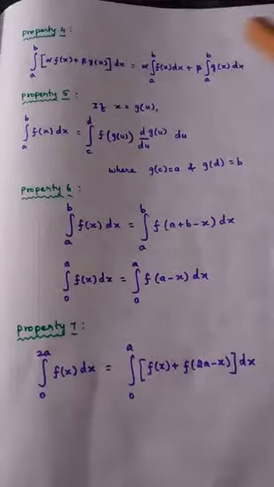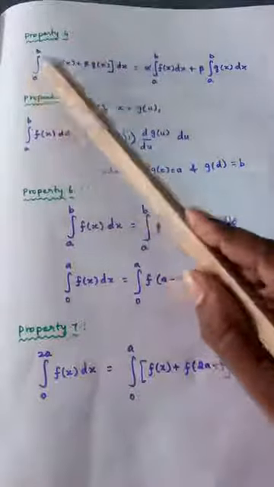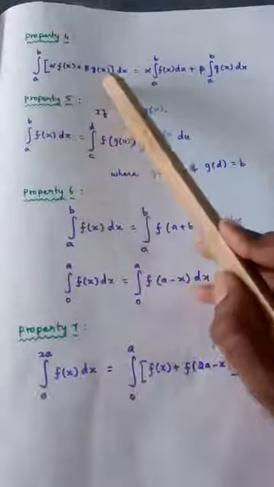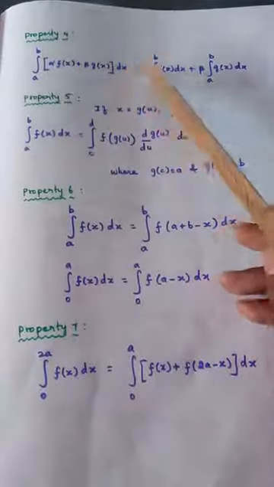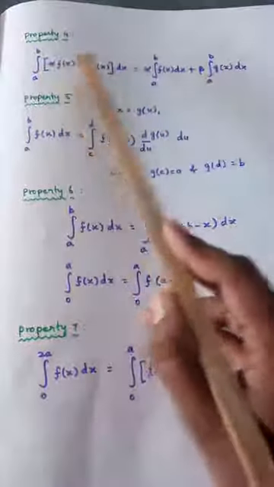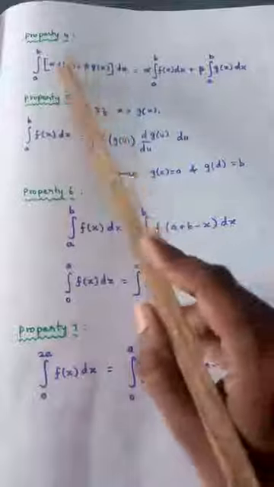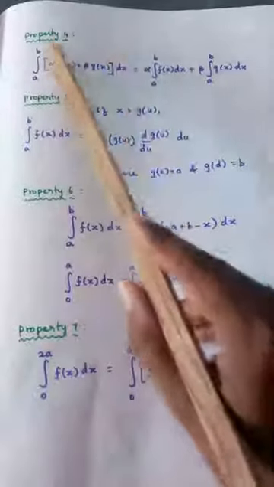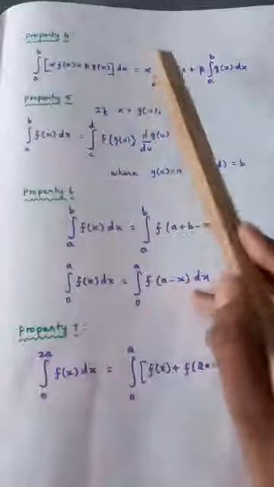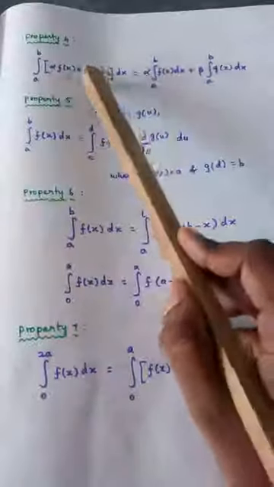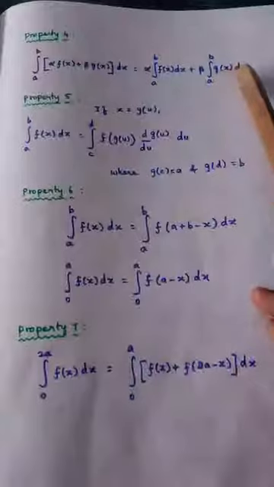Property 4. Integral a to b of alpha f of x plus beta g of x into dx can be written as follows. If two functions are present with the plus symbol in the integration, we can split the integration into two, in which the first function is taken for the first integral and the second function for the second integral.